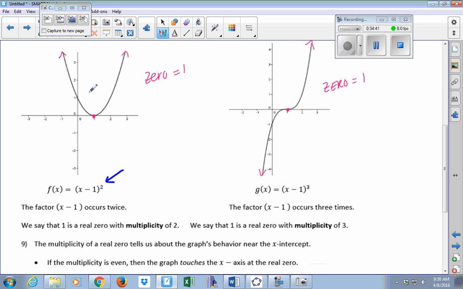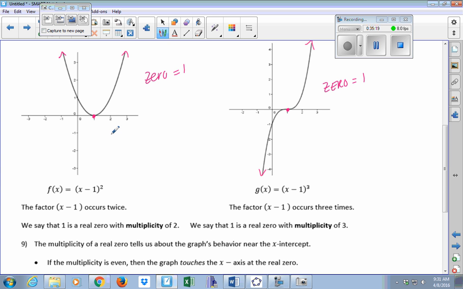So the last idea we have to talk about with polynomial functions is not end behavior way out here. What happens near those zeros? What happens to the function near those zeros? If the function is just touching the x-axis there and going on its merry way, whether it was decreasing and then increasing, or increasing and then decreasing, then it just touches it, just gives it a little peck on the cheek.